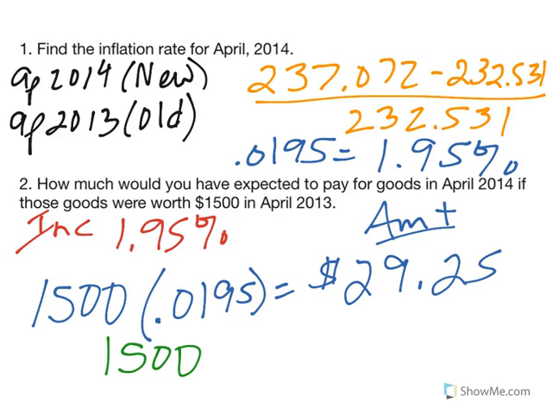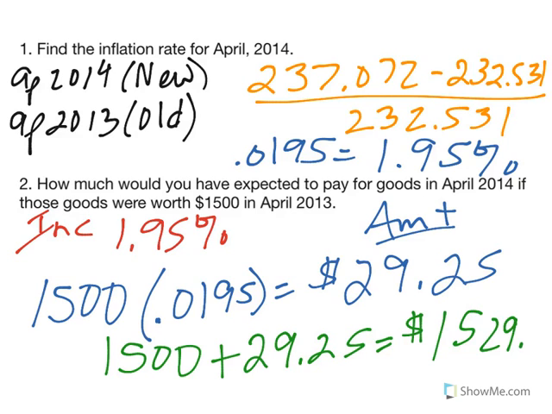Well, the $1,500 plus the amount of increase. So my new price for these goods would be $1,529.25. And so it's a little bit different than the way we found that information in Unit 1, and both ways are correct. Mathematically, they're very solid. Just wanted to show you a different way of figuring using the CPI table.